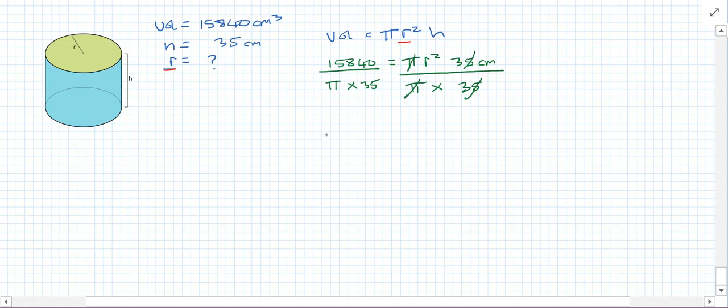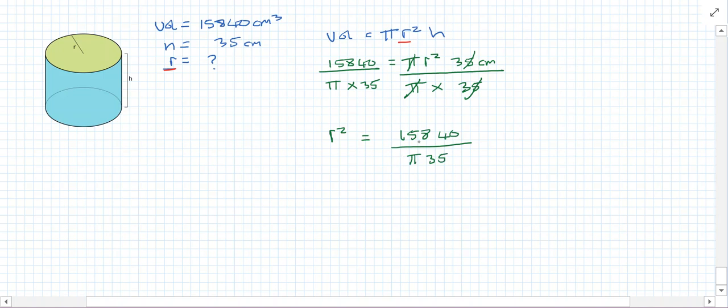So we can rewrite and say that r squared is equal to 158.40 divided by pi multiplied by 35. So pi times 35. So it looks something like that.